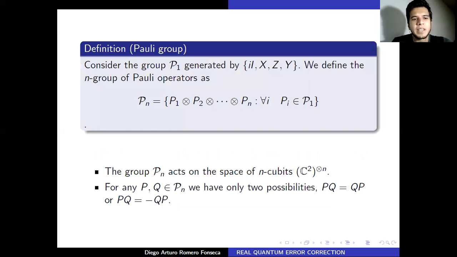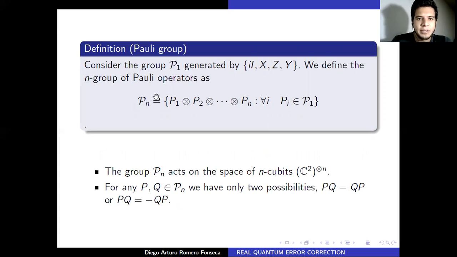So let's define the Pauli group Pn. It is the multiplicative group generated by the matrices X, Y, Z, and the identity I. Actually, this is only the Pauli matrices together with the multiples by plus and minus 1 and plus and minus i.